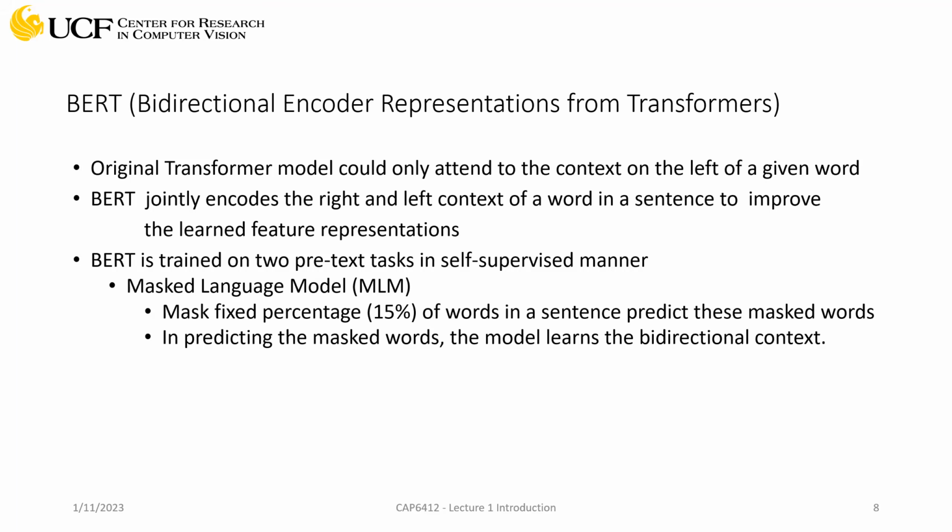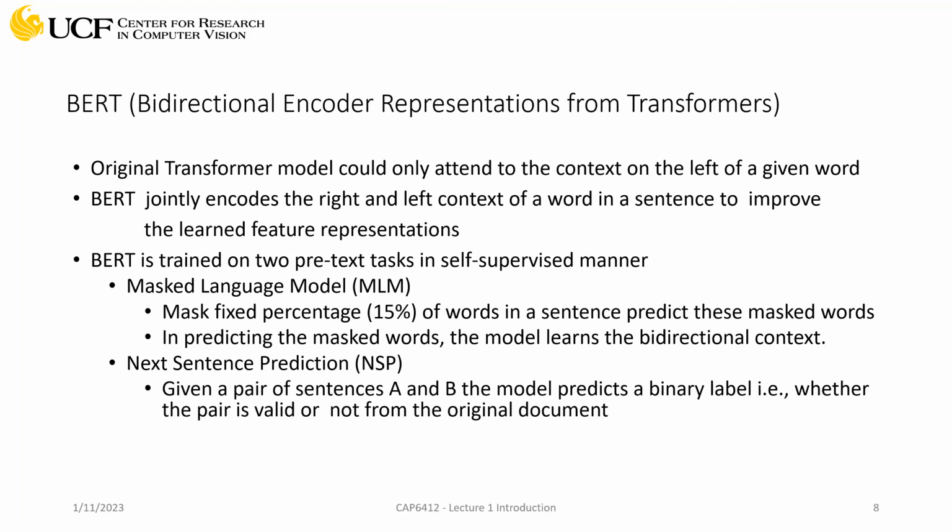So in predicting the masked words, the model learns a bidirectional context. That is, for this word, what were the words before and what were the words after. So that's why bidirectional. The other task is next sentence prediction. So given two sentences, the model predicts whether this pair is valid or not.